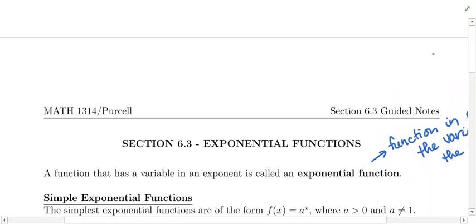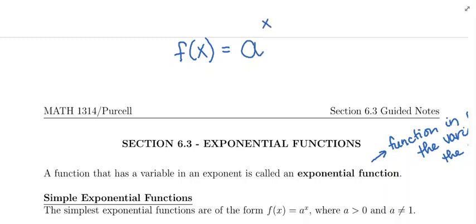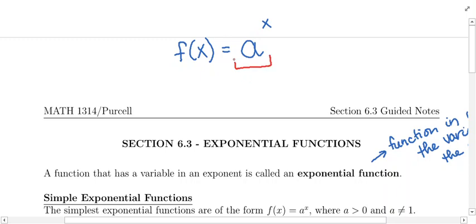Let me go up here and detail that. For graphical purposes, our functions will look like this: some number raised to the x power. The reason this is an exponential function is because x is the variable and it's in the power. The number that you're raising x to is called the base of your exponential function.